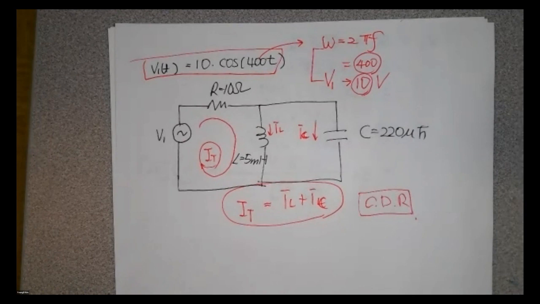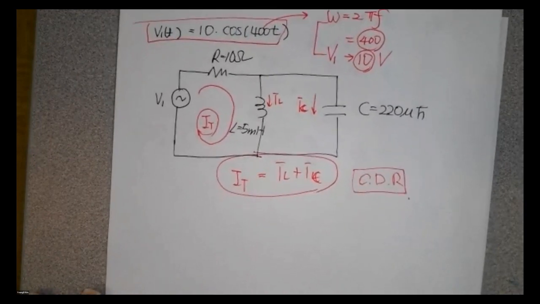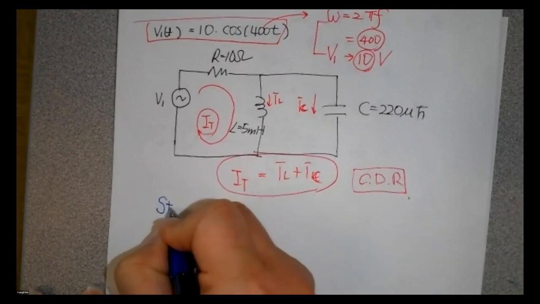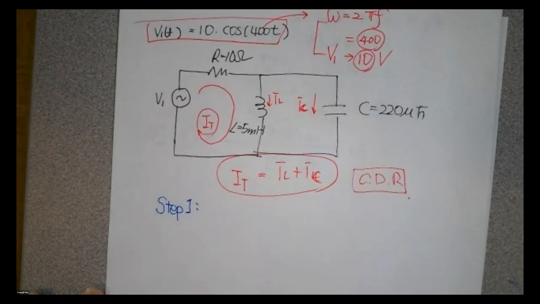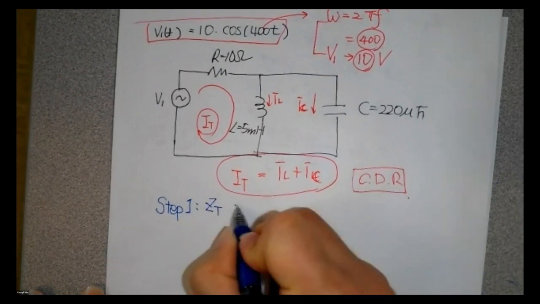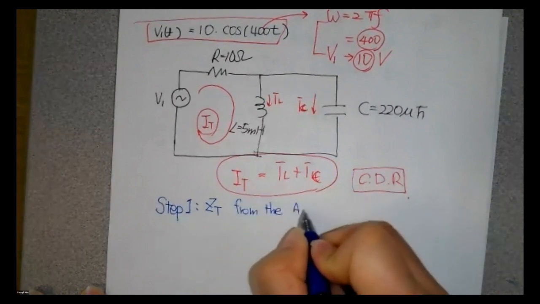All right, step by step. As I said before, for any circuit, step 1, you have to find what is the Z sub T from the AC circuit.